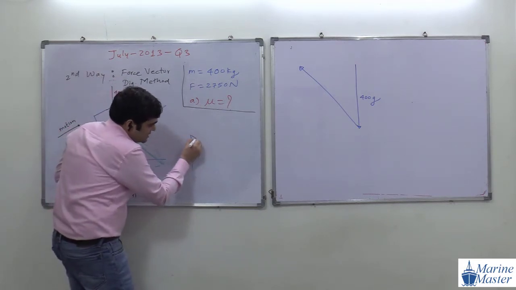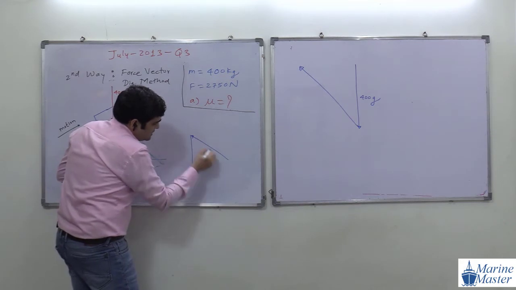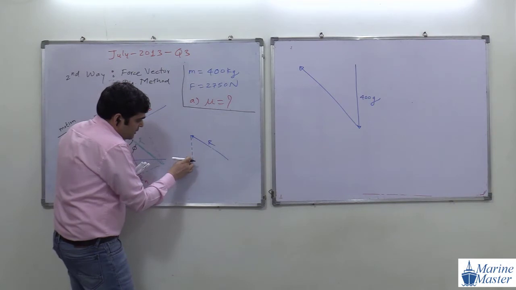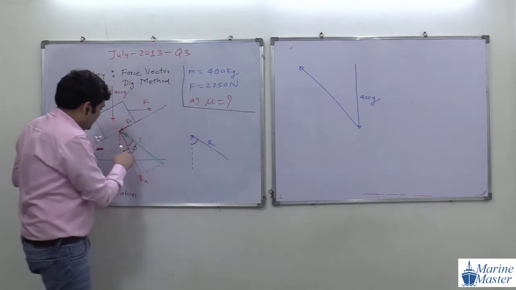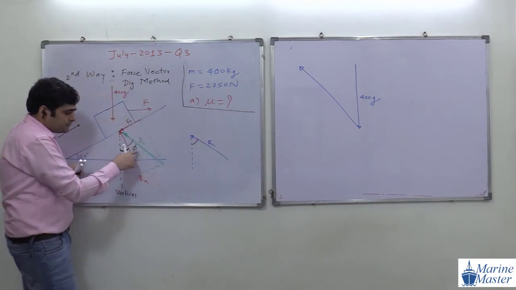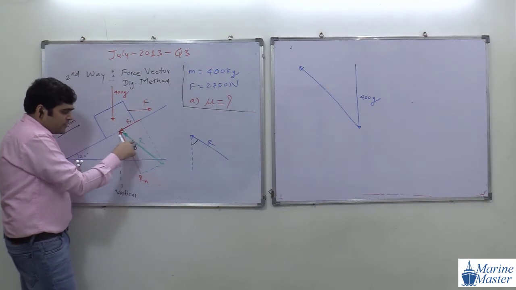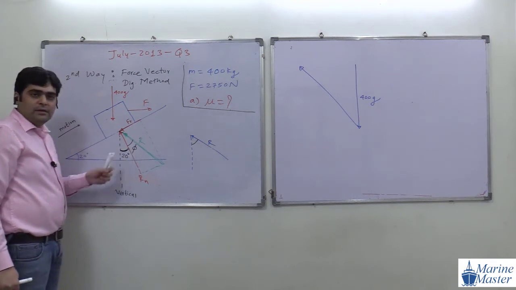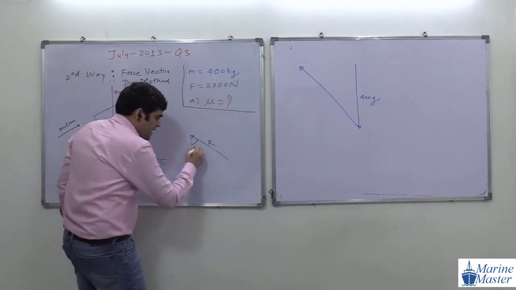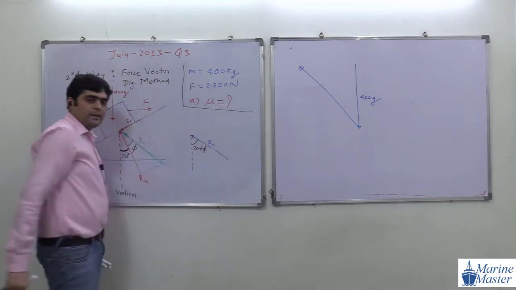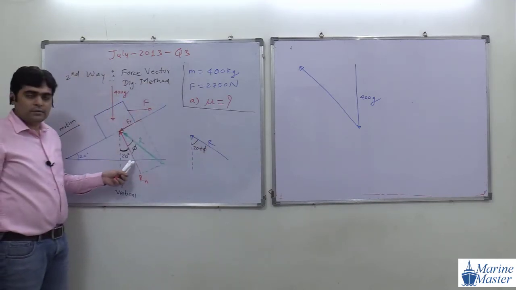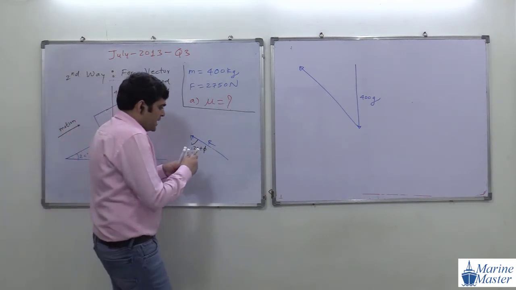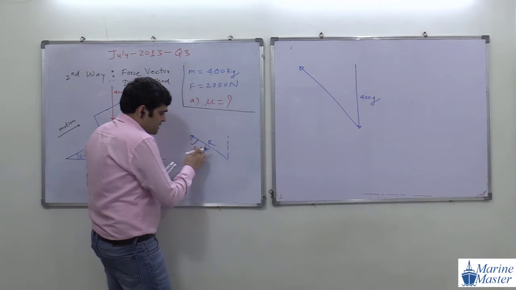This is the vertical, this is R. The angle of R with respect to the vertical, see the drawing: this is 20, so the total angle with respect to the vertical is 20 plus 5.